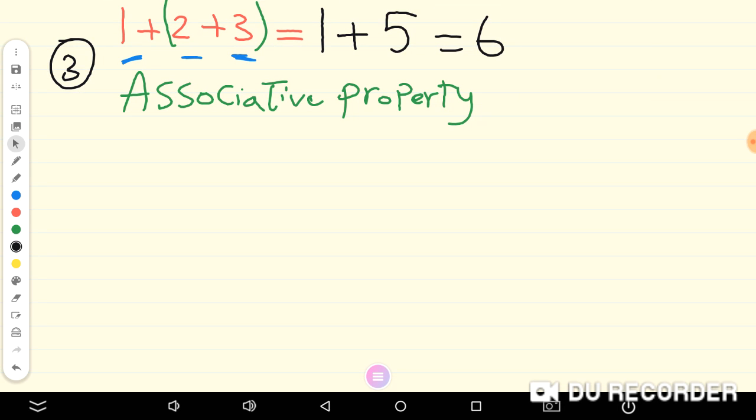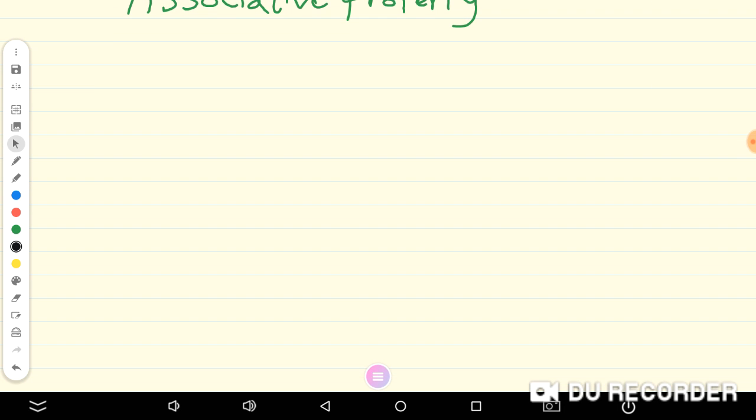For the fourth, I'll say it in two ways. We can apply the fourth property in two ways. What is the first way? If I have this expression, 3 multiply the bracket 2 plus 5.